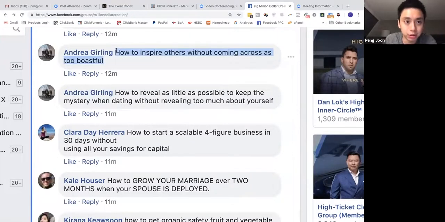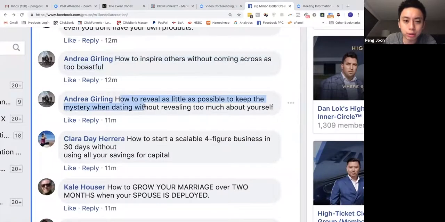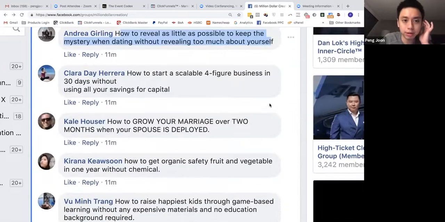Is the vehicle inspiring somebody? Right? And then he says here to keep when dating. So is this a dating product? Okay, please clarify, Andrea, so I'll be able to help you out. All right, think about what the vehicle is. It needs to be a statement answering objections about the vehicle.